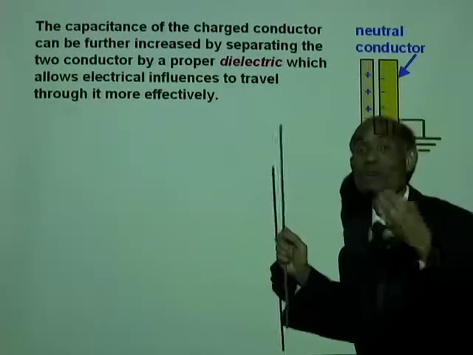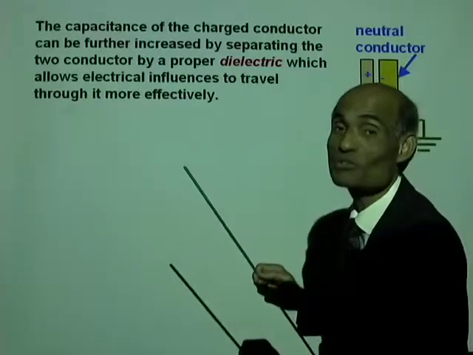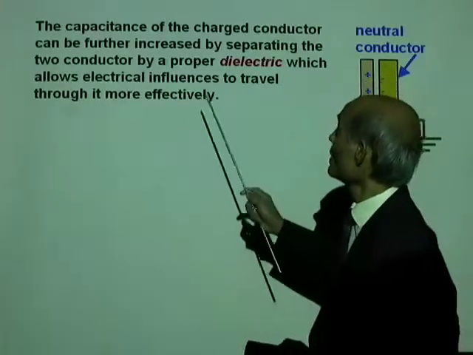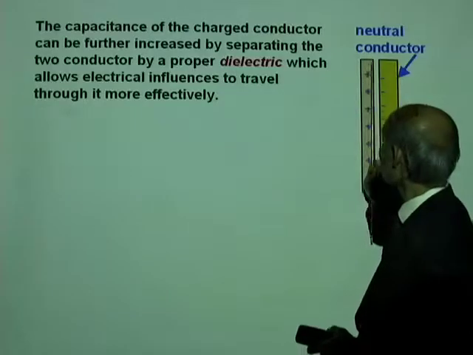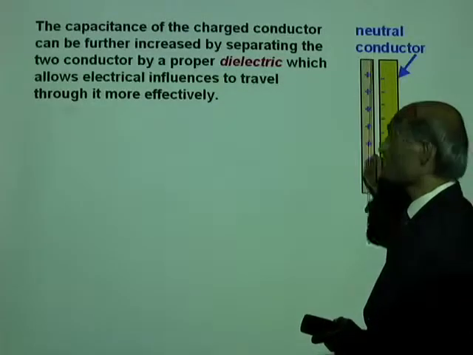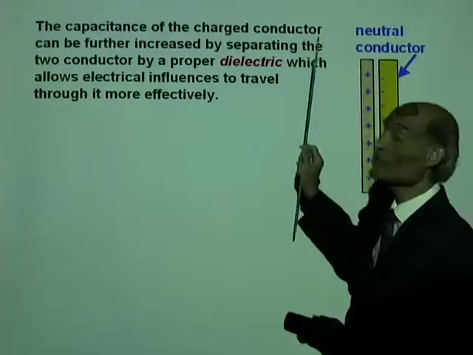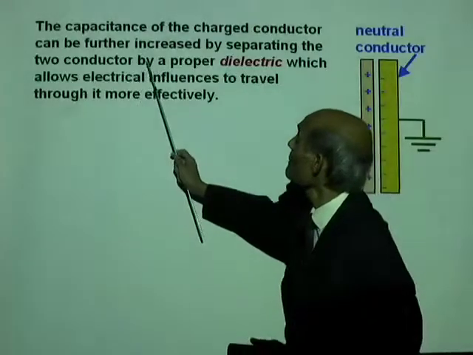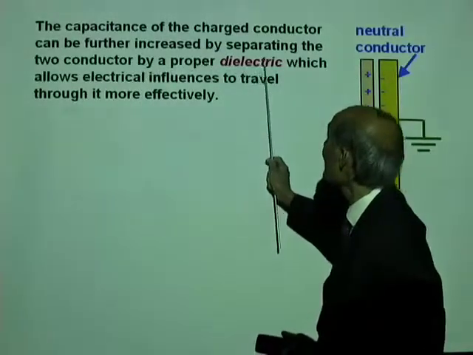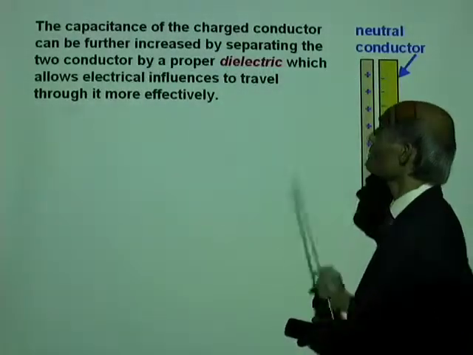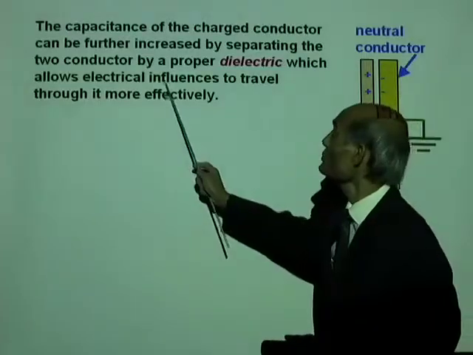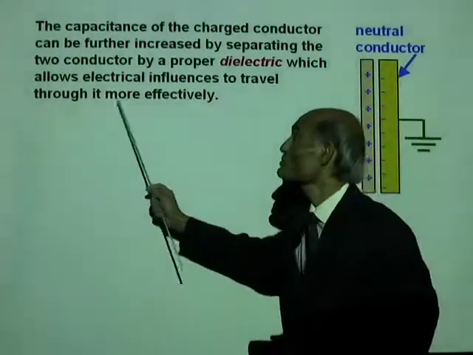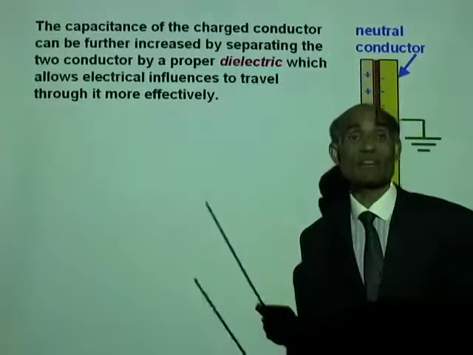You see how the various things that we have been doing increase the capacitance. So the capacitance of this conductor can be further increased by using a proper dielectric between the two conductors, which allows electrical influences to travel through it more effectively.